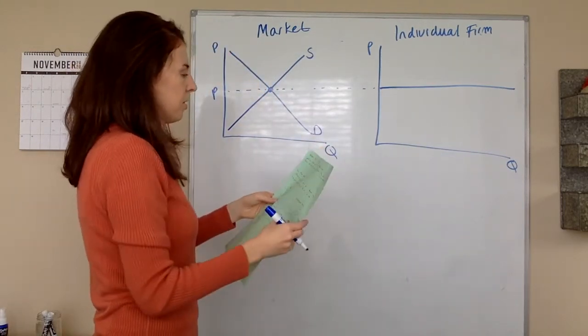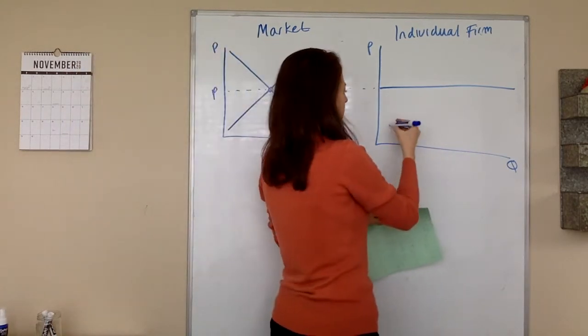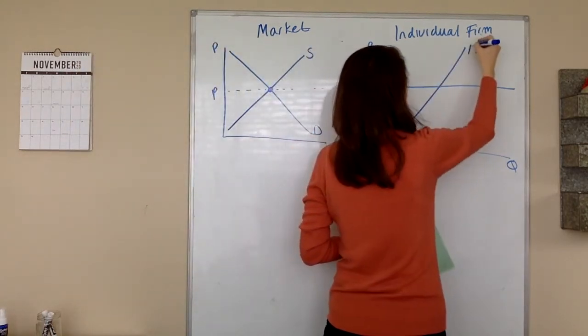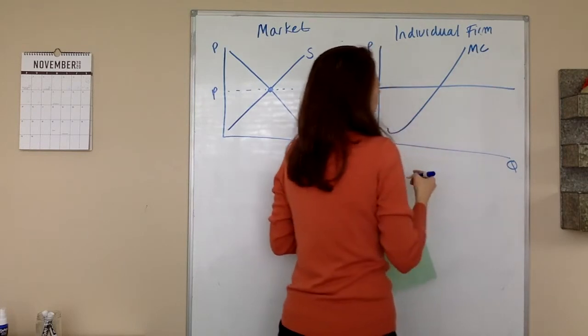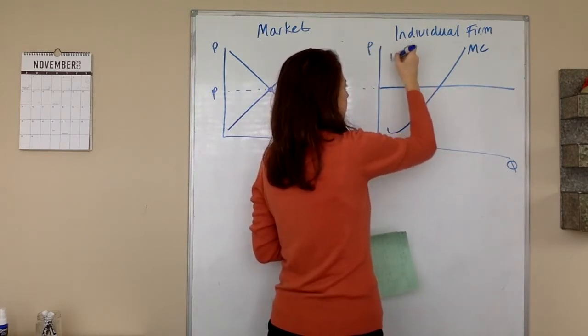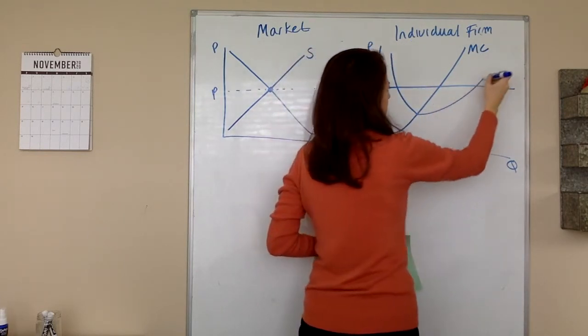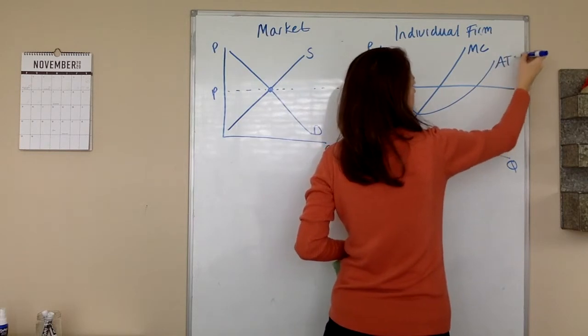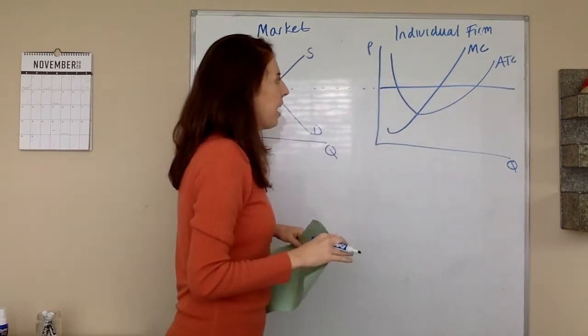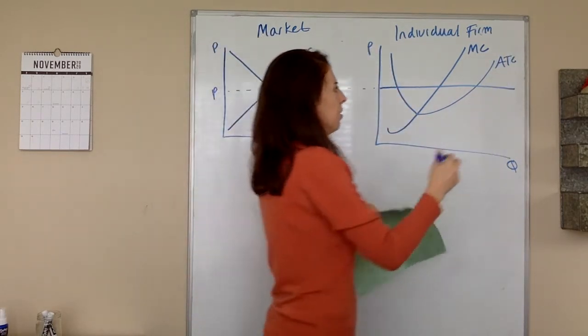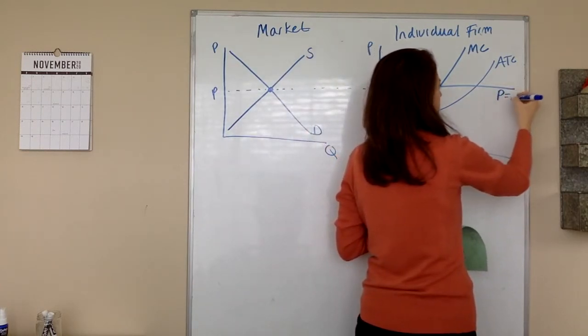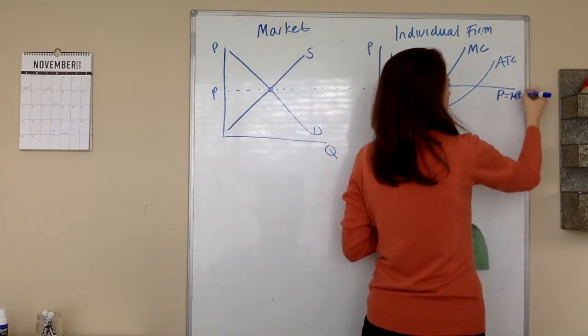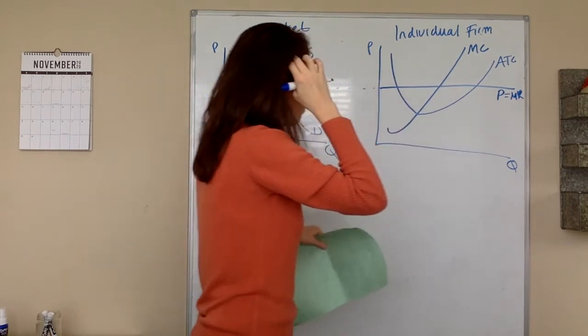Okay, let's suppose we're in a situation where this individual firm has a marginal cost curve. They've got an average total cost curve, and let's just say to start with that the average total cost curve is underneath the price equals marginal revenue bar.